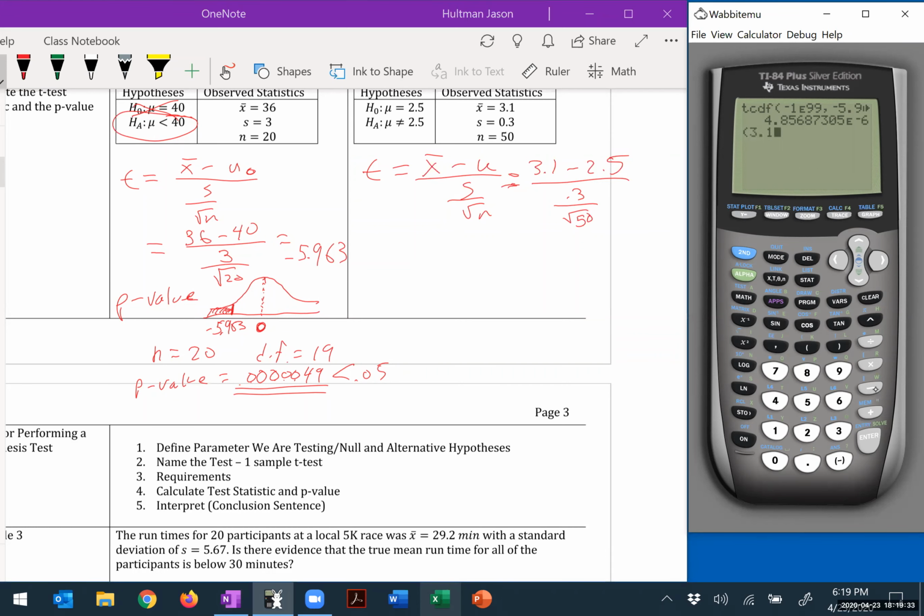3.1 minus 2.5, divided by parentheses 0.3 divided by the square root of 50.